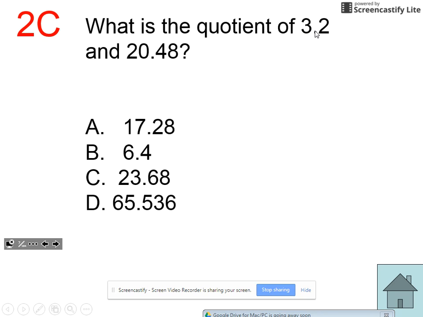So here I have to change 3.2 or 3 2/10 to 32. I do that by moving the decimal 1 over. If I move the decimal 1 over in the outside number, I have to move the decimal 1 place in the inside number, so it now becomes 204.8. And so when you divide those two, your answer is B, 6 4/10.